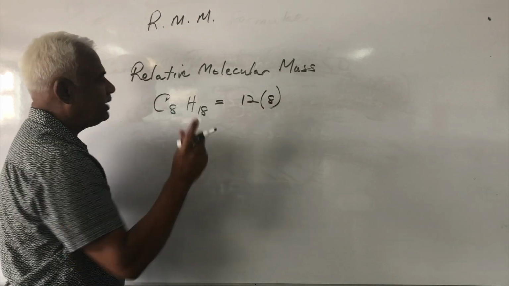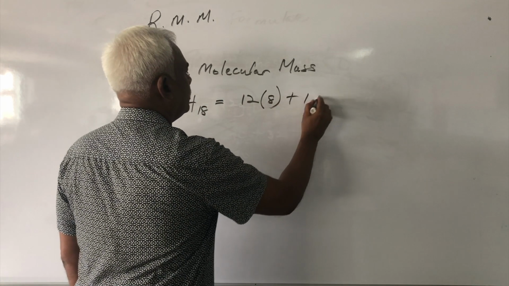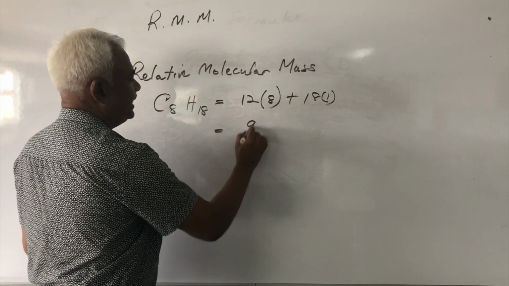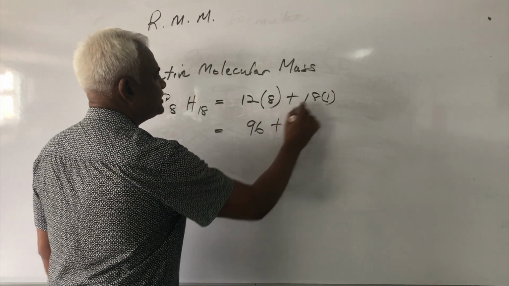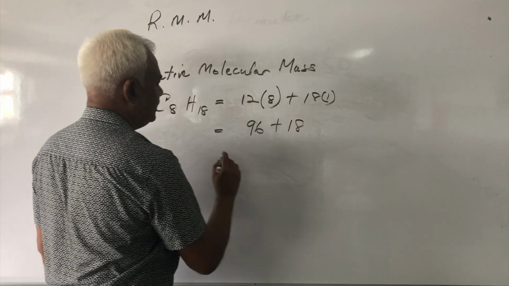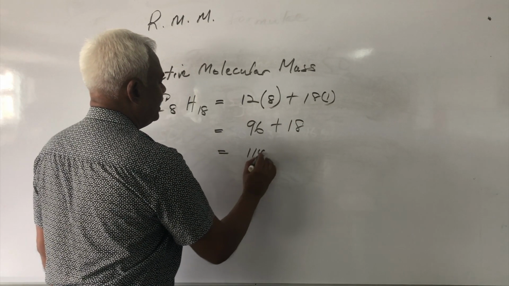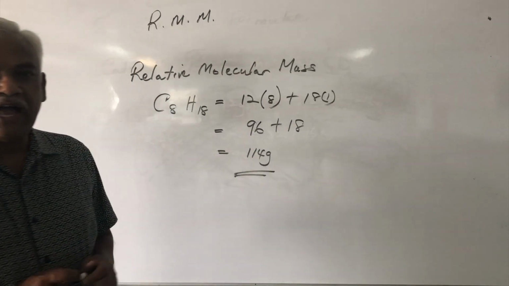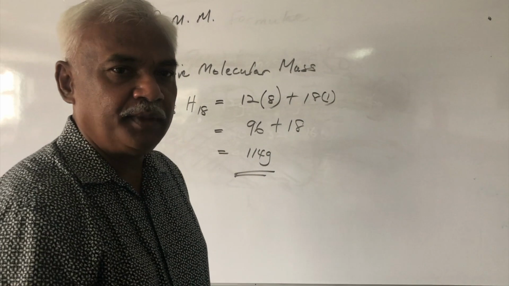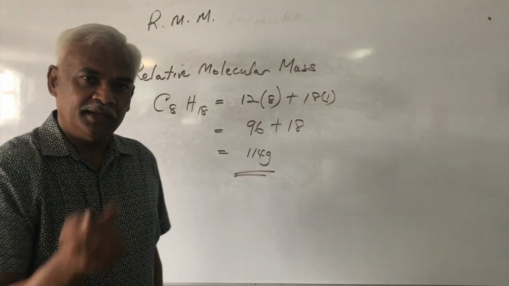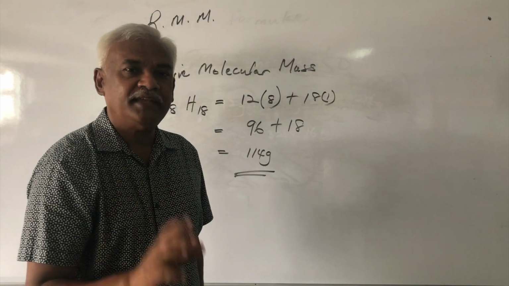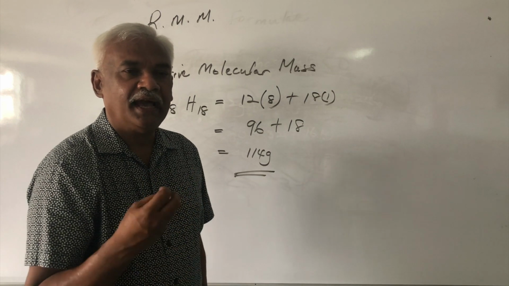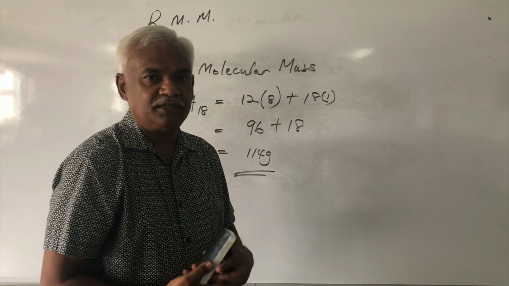Hydrogen weighs 1, I have 18 of them. 8 12s, 96, plus 18, 114 grams. That's your RMM, relative molecular mass. What we've done initially was to look at the writing of a chemical formula. Now we have looked at calculating the RMM.